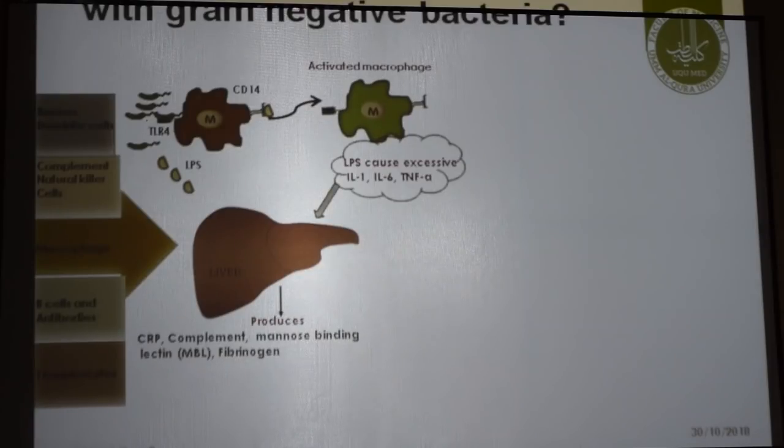First, this activated macrophage will produce them and they will go to the liver, and the liver is going to produce acute phase reactants. Have you heard of C-reactive protein, CRP? CRP will be produced in any of the acute infections by the liver, but if you see in this figure, it is caused by the IL-1 and IL-6 that come from the macrophage.